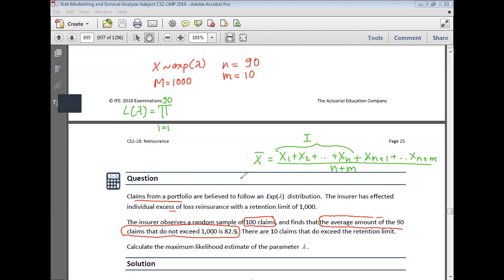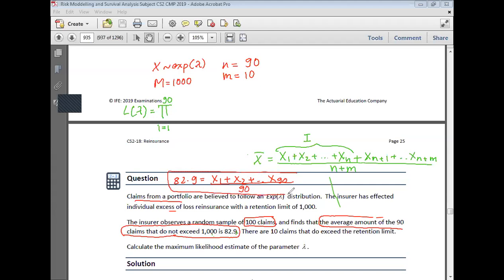Yes, like for the whole thing. Yeah, so that is how I will write the whole of x bar. But remember, what I have highlighted here in red is asking only for the 90 claims, only for these n claims which do not exceed 1000. So what I can write is that 82.9 is equal to x1 plus x2 up until x90 upon 90, right?